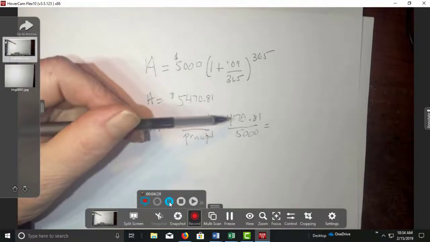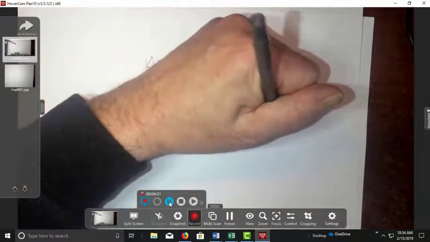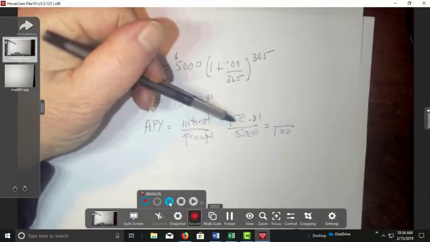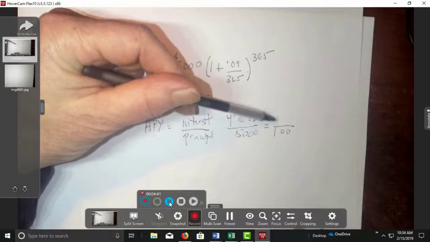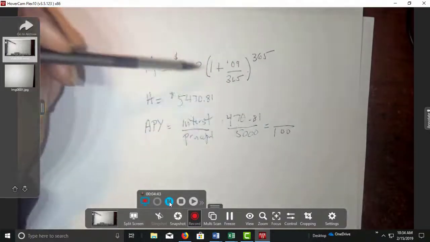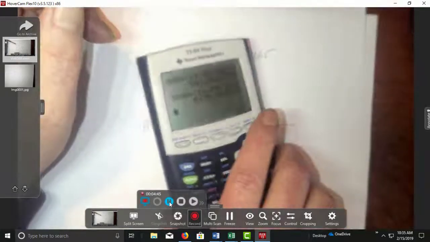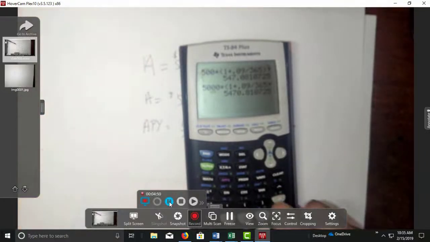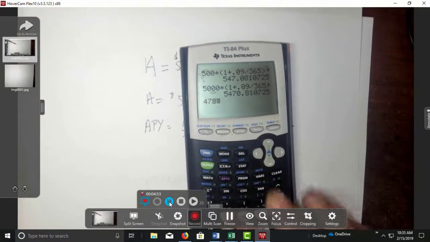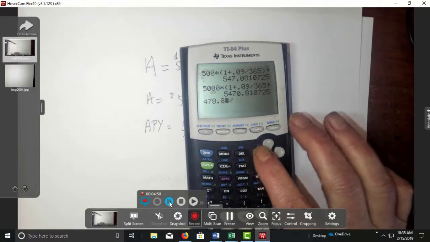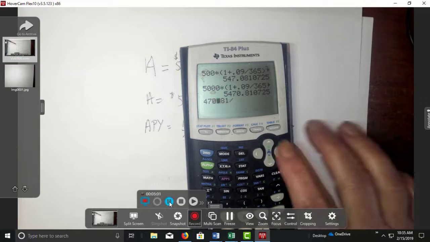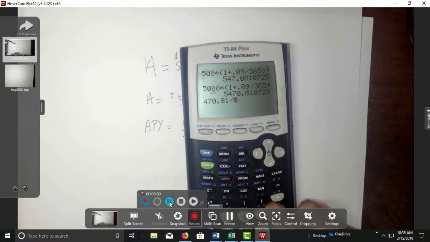So a quick way of getting this as a percentage, which is a number over 100, I can divide this and it'll be a number over 1 and then multiply it by 100, both the numerator and the denominator. That's what a percentage is. So I can take 470.81 divided by 5,000.